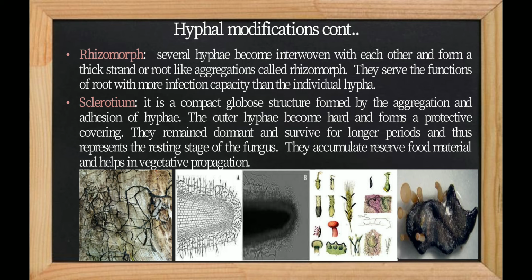These elongated root-like strands are called rhizomorphs. They are blackish and hard on the outside, and they are often found between the wood and bark of the fallen trees or the stumps.